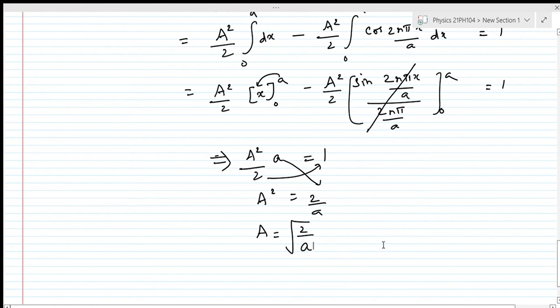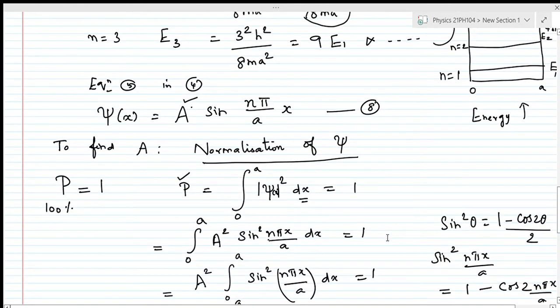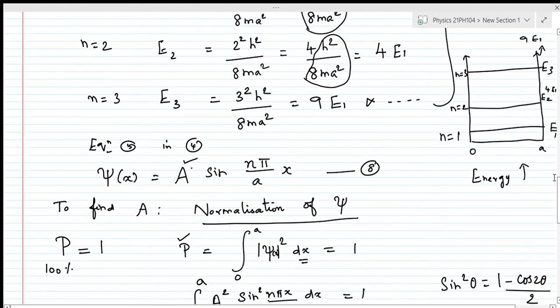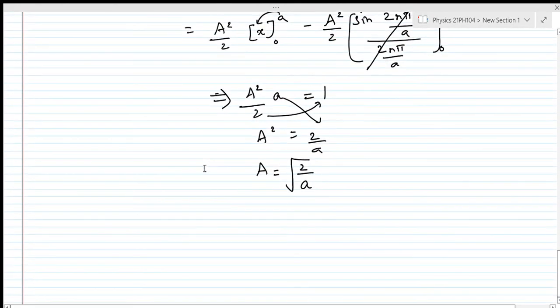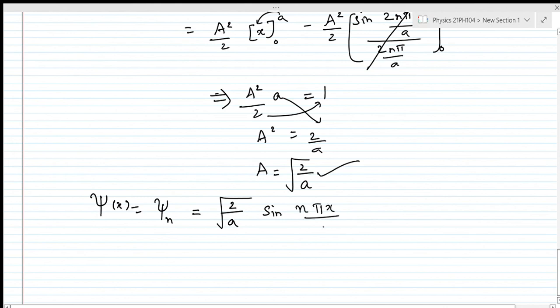Substituting the value of A equal to root of 2 by a in this equation 8, I'll get psi of x, or even I can write it as psi n, is equal to, A replaced with this value, root 2 by a sine (n pi x by a).